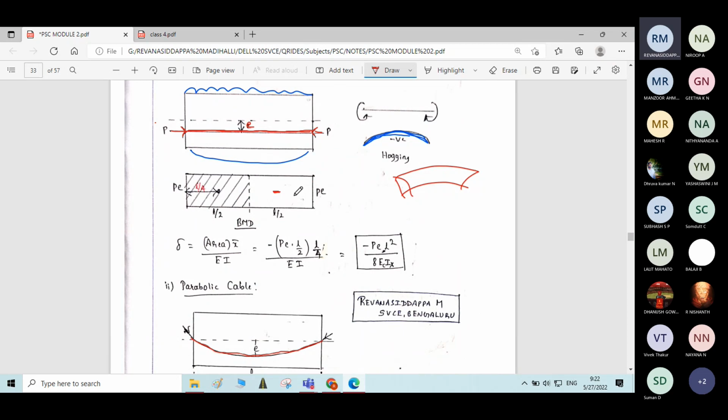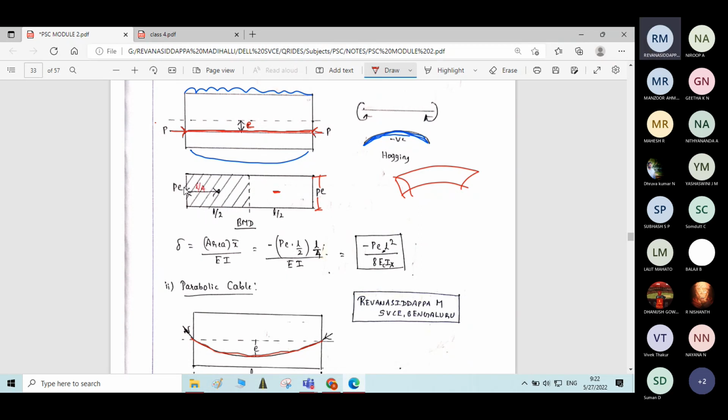So what is the maximum bending moment caused by this pre-stressing force? It is P into E. Therefore the nature of BMD is also negative. Here I have used this generalized formula, area into x bar, and written the BMD.